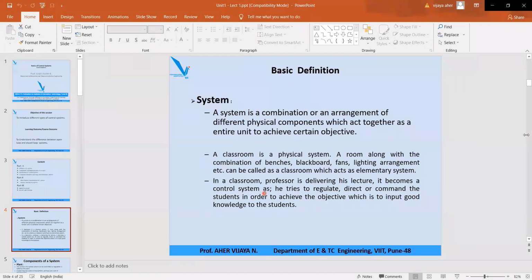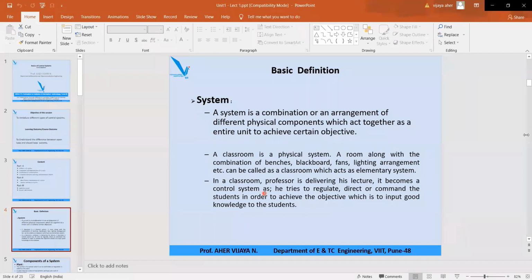First, you should know the system. Then who is going to control that system? Somebody is going to control that system. If we consider the classroom as a physical system, who is going to control it? The faculty. I am now controlling the classroom, in online mode also. So I am the controller of the classroom in online mode.